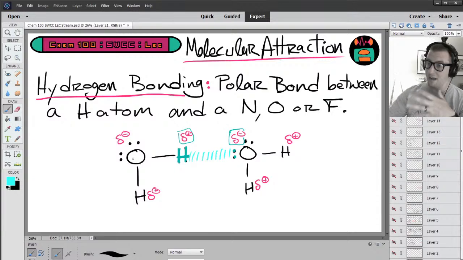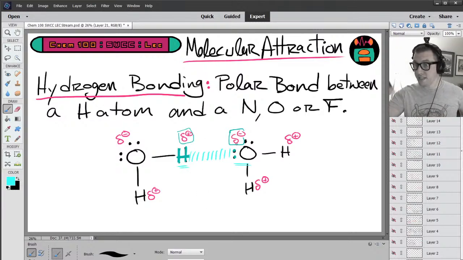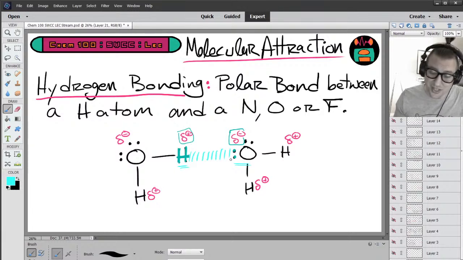This is something that we've all seen before. Basically, this hydrogen appreciates the attention it's getting from this oxygen. It enjoys that attention. And this oxygen wants to make a bond with that hydrogen. It wants to be in a relationship with that hydrogen. The problem is this hydrogen is already in a bond with another oxygen. It's already in a committed relationship. It's not going to leave that relationship. So it's not going to make a bond with this new oxygen, but it appreciates the attention that it's getting.